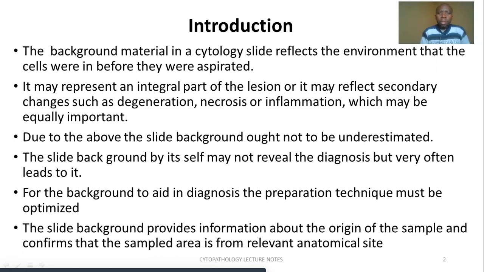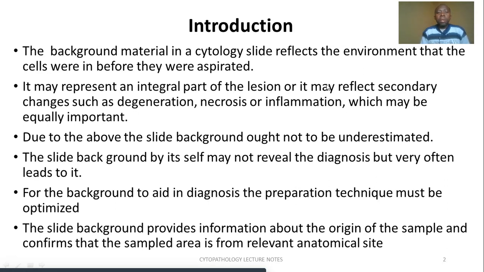So let's begin with the introduction. We really need to know what background in cytology is, or what background material is in cytology. Starting straight away, the background material in cytology, slide 1, reflects the environment that the cells were in before they were aspirated.